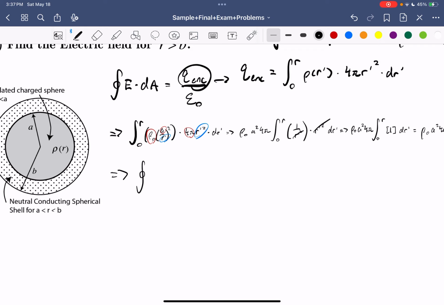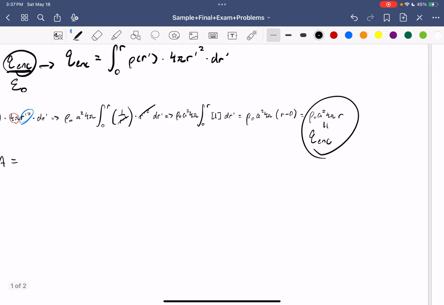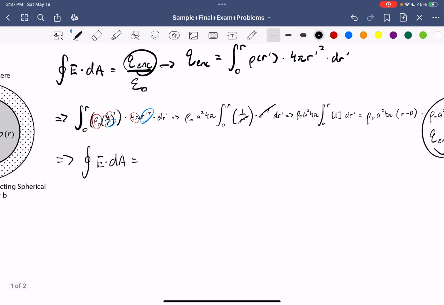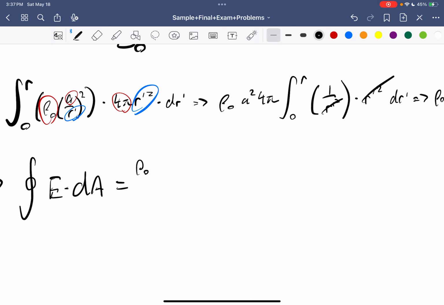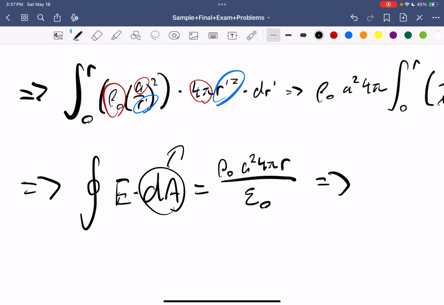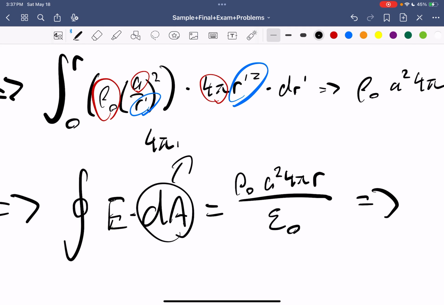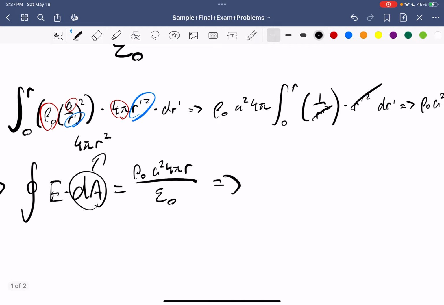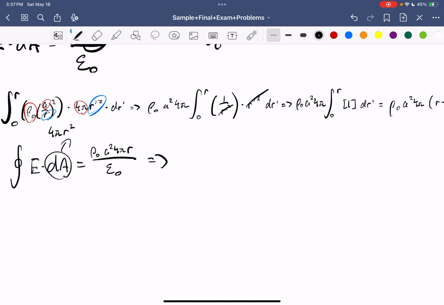Now it's going to be the integral of E dA equals Q enclosed, which is rho naught a squared 4 pi r over epsilon naught. If you look at the Gaussian symmetry, dA for a sphere is also going to be 4 pi r squared, just like the one we used last time.